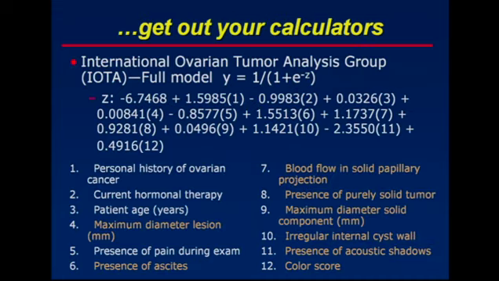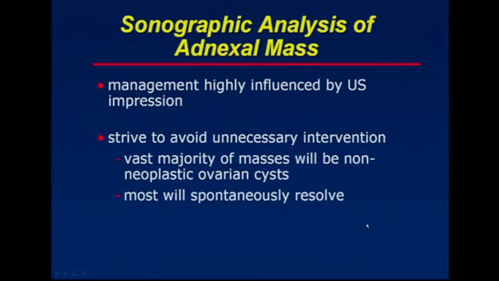Now, this is a silly slide, but this is actually the mathematical model that explains how you might be able to analyze an ovarian mass that you identify on ultrasound based on a variety of different criteria. Clearly, we're not going to be doing that at the view box on a daily basis, but it's important for us to understand how we fit into the picture as imagers.